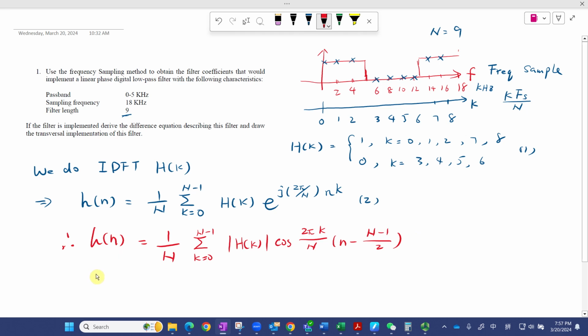This equation is true for the linear phase FIR filter with positive symmetry.